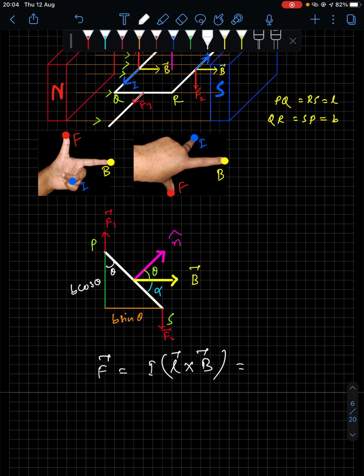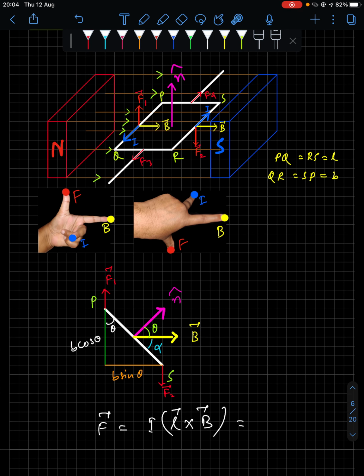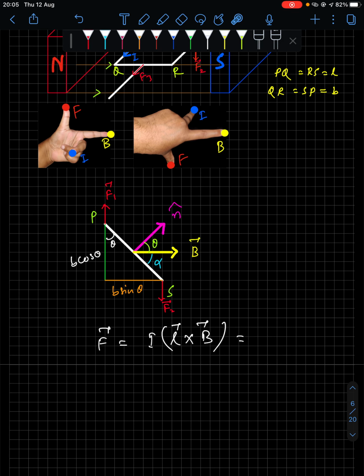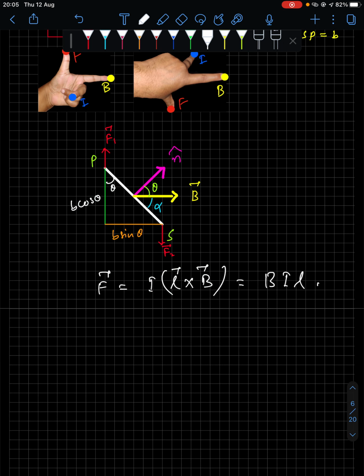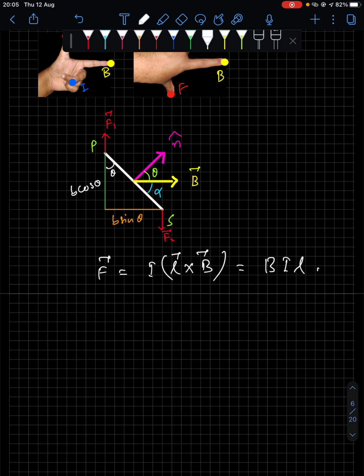Now L and B, for these two faces, PQ and RS, L is always perpendicular to B. B is just going through in this manner, so L is always perpendicular. Therefore you can write I L cross B as ILB sin 90, and that is ILB, or you can write BIL. In the note I have written BIL everywhere.